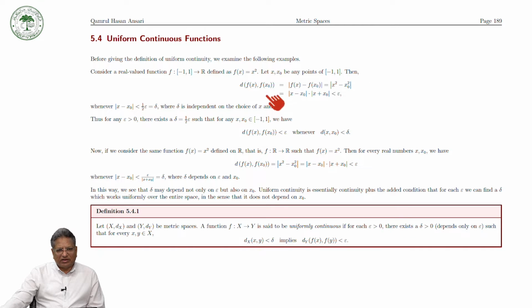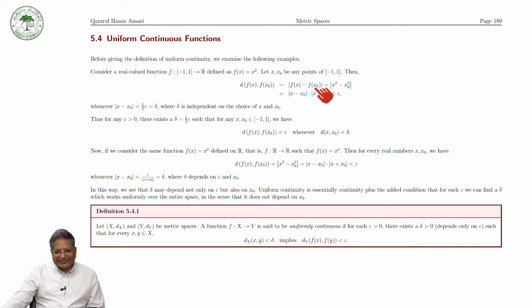Then we will see that d of f of x, f of x naught, where R has the usual metric, is equal to mod of f of x minus f of x naught. But f of x is equal to x square, so this is x square minus x naught square, and this is equal to mod of x minus x naught into x plus x naught.